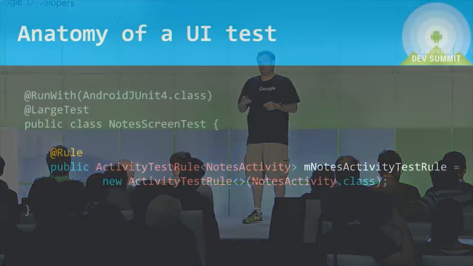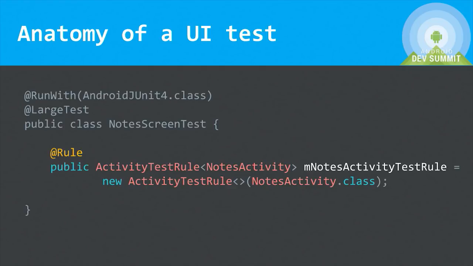That's exactly what we can see here. In order to use ActivityTestRule, the only thing that you have to do is create an instance in a public field and annotate it with the @Rule annotation. What this will do is start the activity before each test and finish it after each test run, which is great.